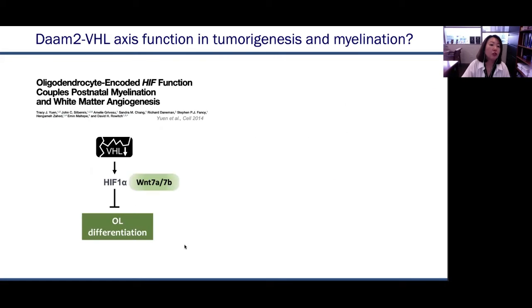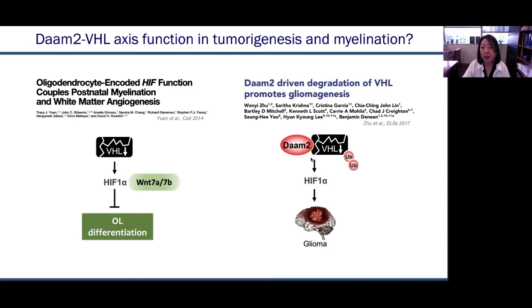And there's another reason. By the time that I knew TEM2's function, there was a nice paper published by a UCSF group in Cell. They actually established that the VHL HIF-1 alpha pathway, which is known to be important in cancer genes, regulates oligodendrocyte differentiation by Wnt signaling. And at the time, we identified TEM2 to interact with VHL and degrade it, therefore promoting gliomagenesis.